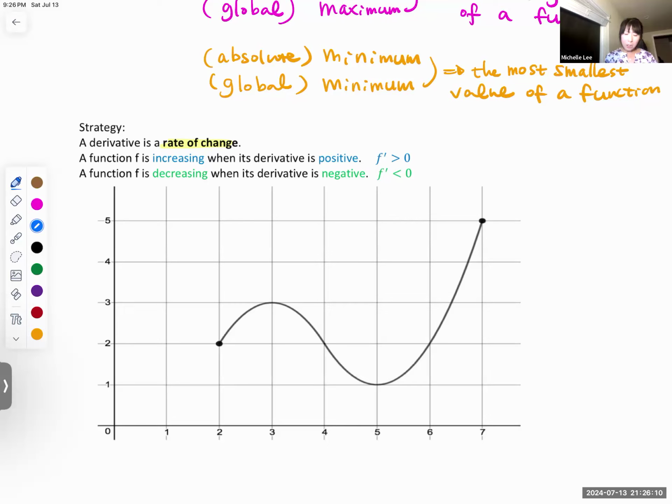Okay, now function f is increasing when its derivative is positive. So we have this notation f prime greater than 0, because the derivative is positive, right?